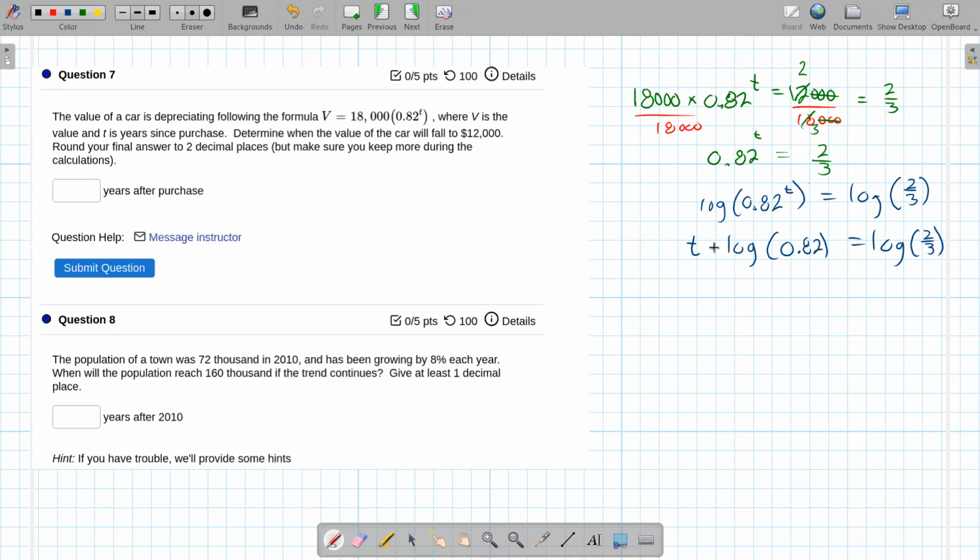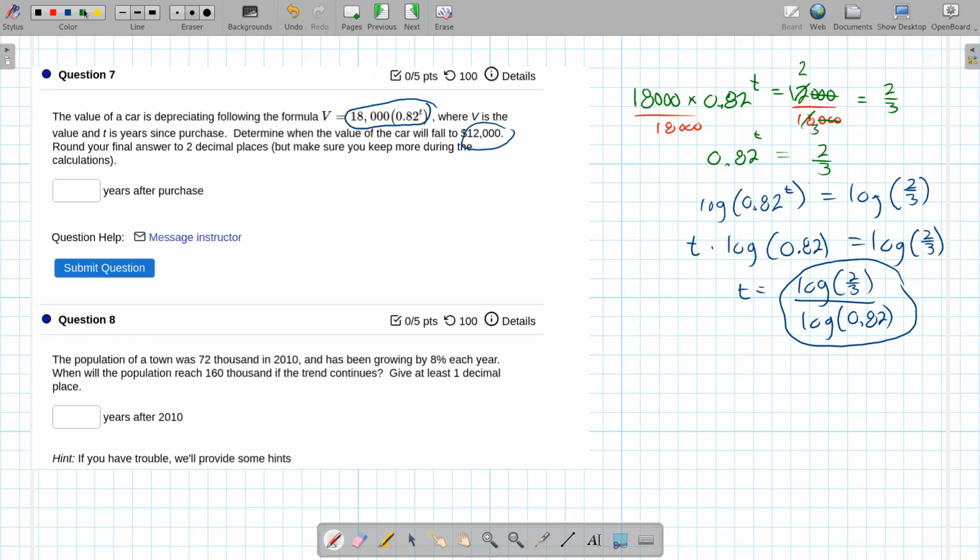To get rid of the multiplication, we're going to divide that log to the other side. So in the numerator, I have the log of 2/3, parentheses are necessary. In the denominator, I have the log of 0.82. So the next thing I would do is plug this fraction into my calculator. And then I would check it by plugging that number back in here to see if I get 12,000.